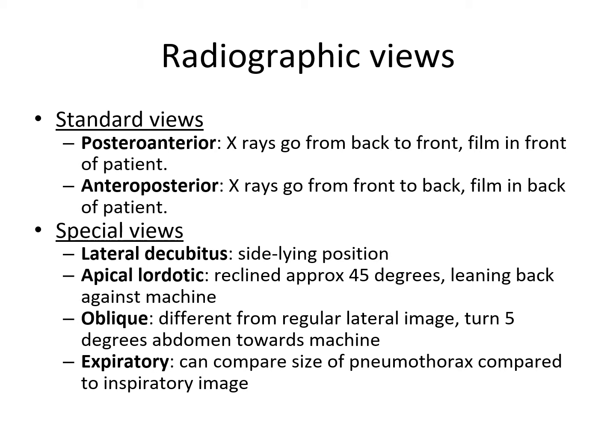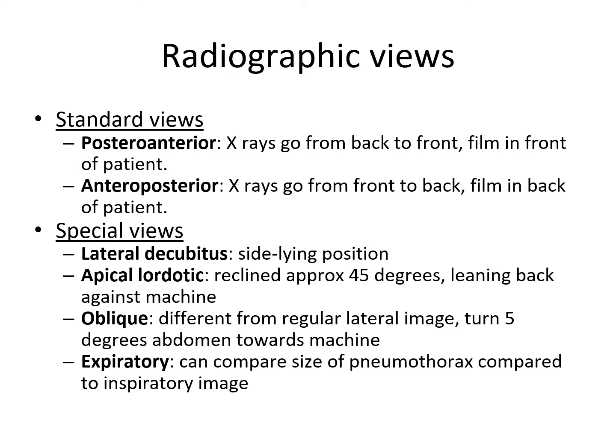Apical lordic is a weird little view, where they have the patient leaning back against the machine at about a 45-degree angle. The apical lordic view is trying to view the apices, or the upper lobes of the lungs, and might be used to help diagnose TB or cancer.